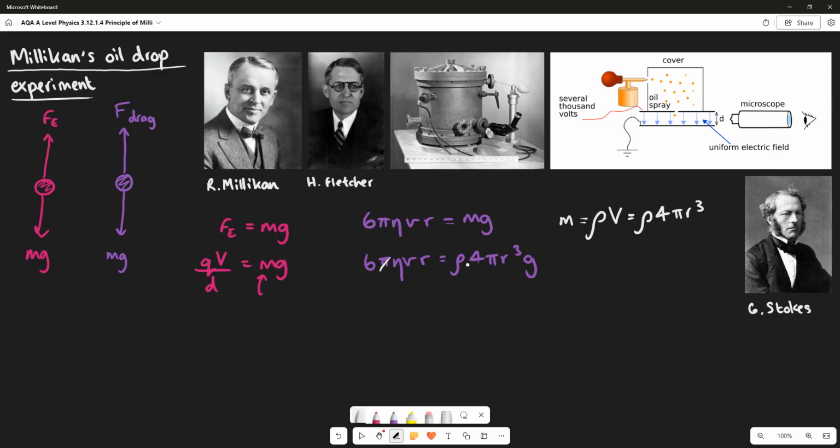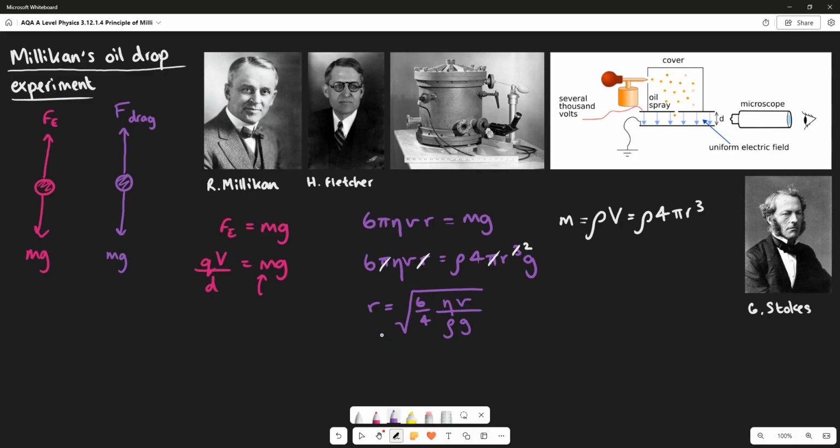We can cancel and rearrange, and that allows us to calculate r.